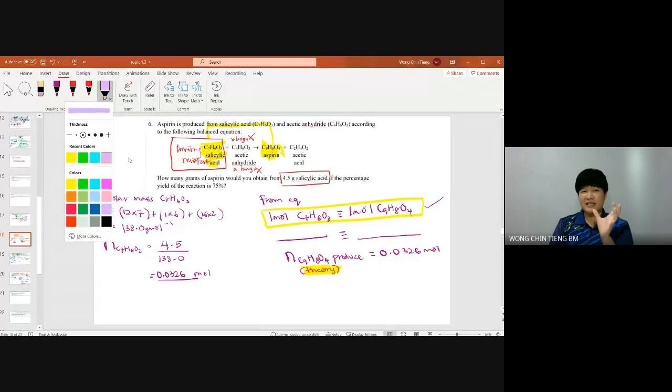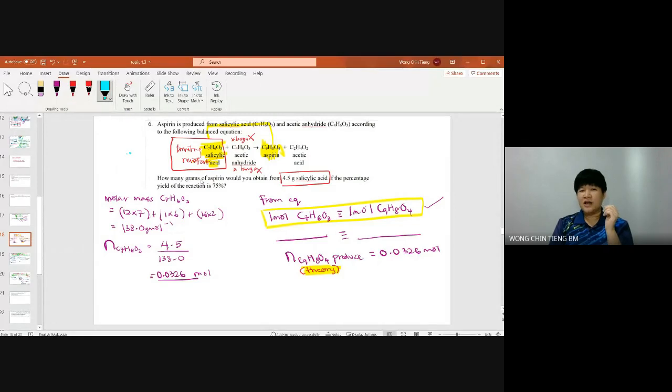English. Kadang-kadang bukan masalah kimia pun, English kamu. How many gram of aspirin would you obtain? So soalan sebenarnya nak apa? When the question asking for how many gram of aspirin that you will obtain, yang kamu akan dapat, bukan yang kamu sepatutnya dapat. Alright? So that you would obtain over here must be your actual yield.